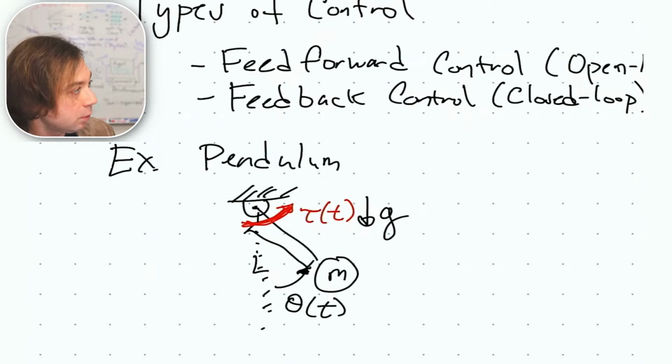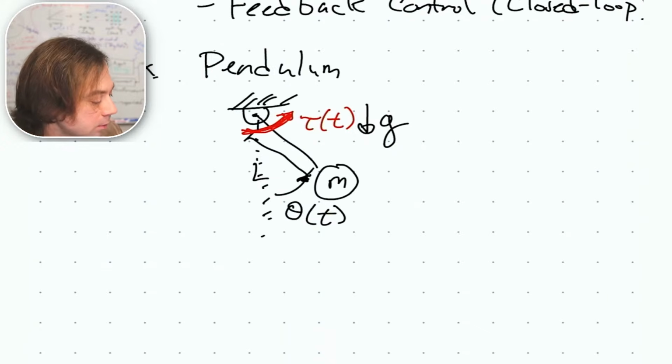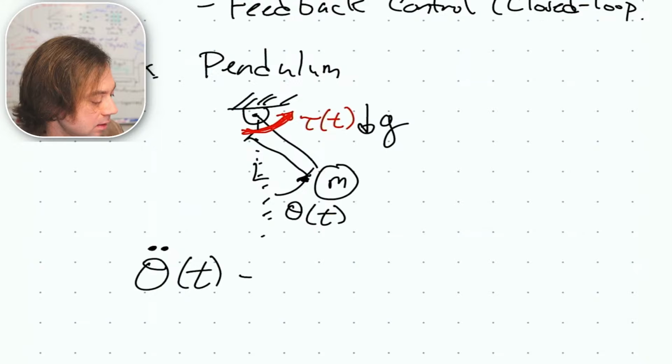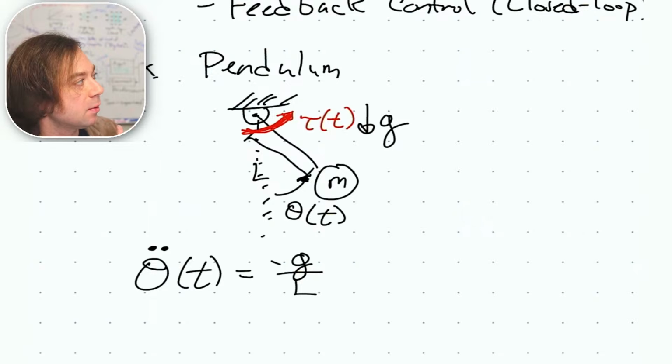Now, we very briefly derived these equations in the last lecture. Just as a recall, theta double dot of t is equal to minus g over L. Actually, we didn't do it for the pendulum, sorry, we did it for the mass spring damper.